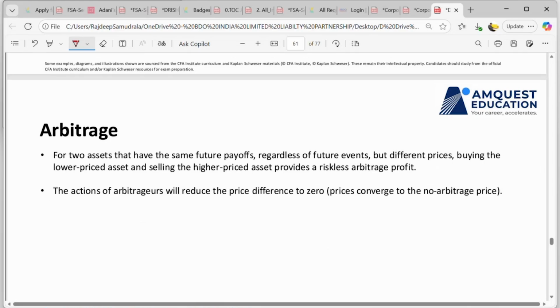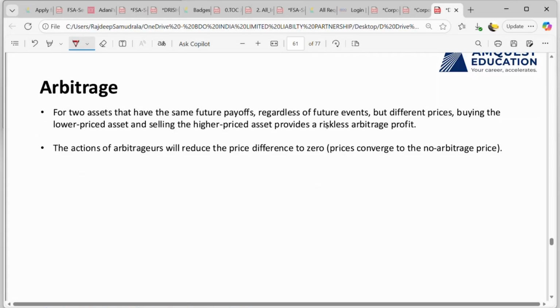Okay, so now with this aspect, we'll move on to arbitrage. Sorry, yeah, let's come back. My bad. So when I use the word arbitrage, guys, remember it refers to the concept of finding out the fair price. Suppose I have two assets.